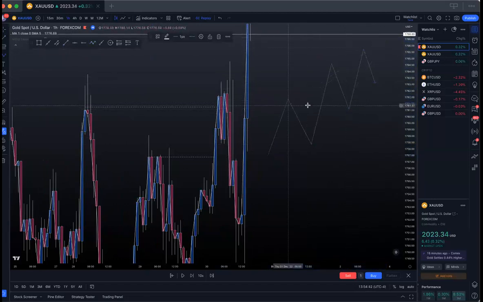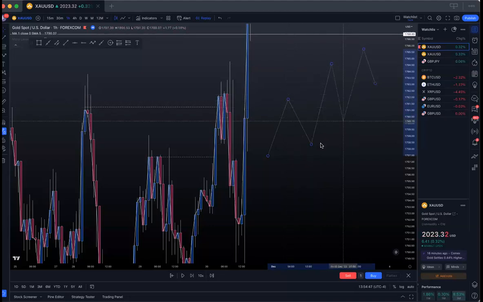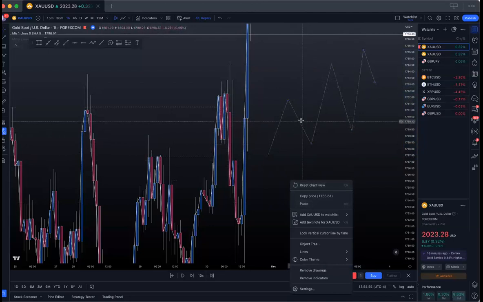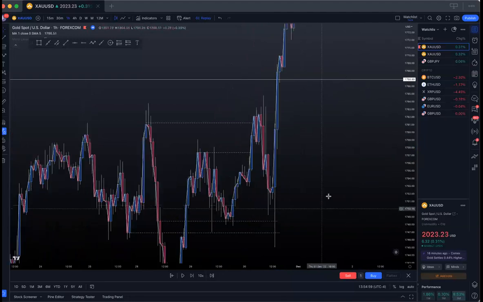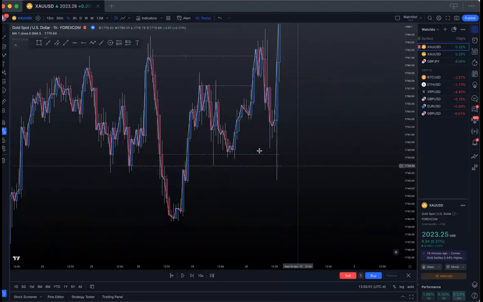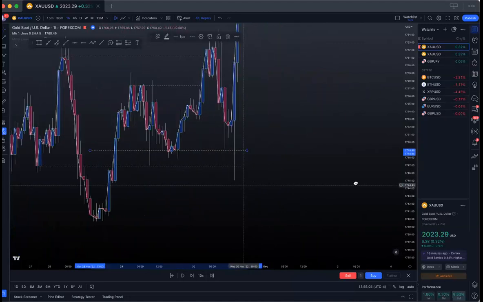There's always a pullback. There's always going to be a pullback. If it's this SNR or some type of engulfing pattern or some type of trend line, there's always going to be a retest. So to get involved in this one, you could pull this level. You could also pull this fresh SNR right here at that moment in time.